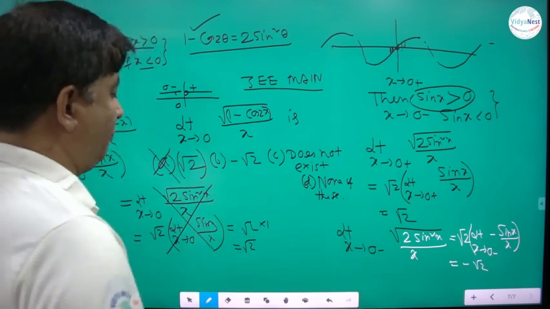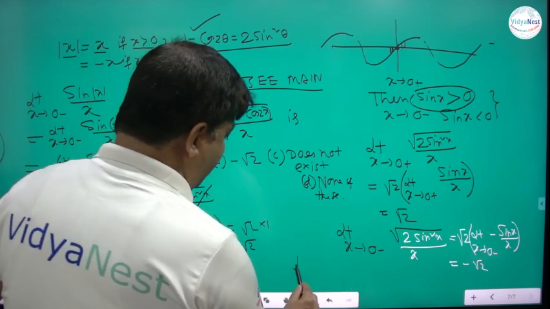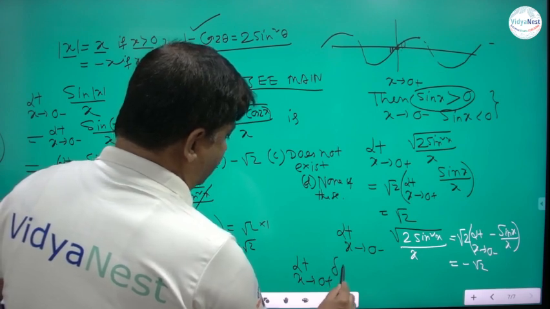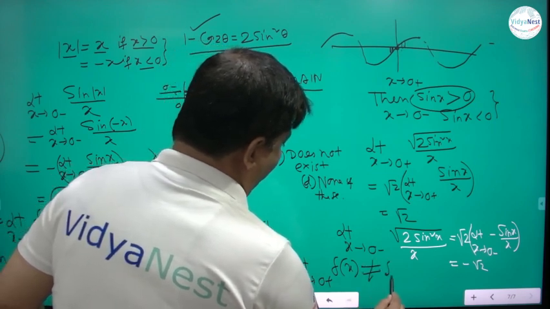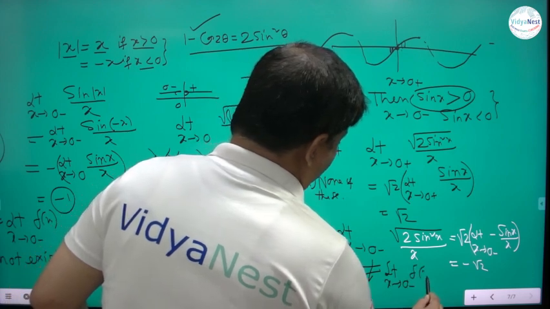No. Therefore, limit x tends to 0 plus f(x) is not equal to limit x tends to 0 minus f(x).